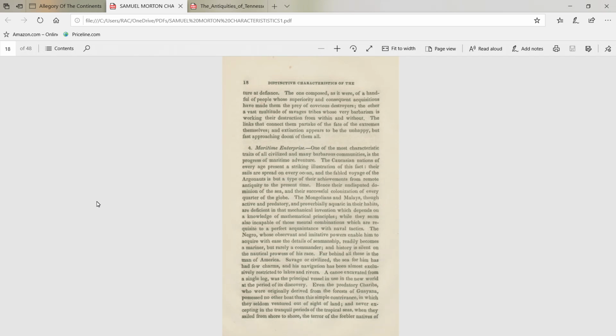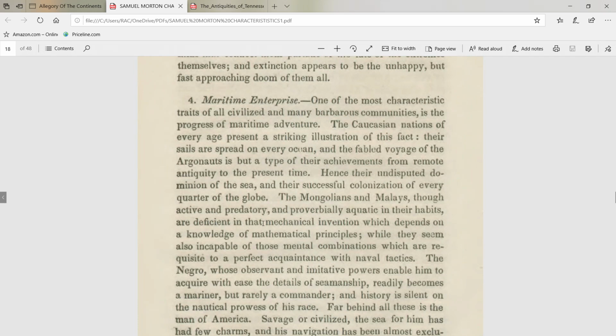the Aboriginal Race. And it talks about basically how good the American Aboriginal was at sea. It goes through and talks about how good the Caucasian was, how good the Mongolian was right here. Then it says the Negro, whose observant and imitative powers enable him to acquire with ease the details of seamanship, readily becomes a mariner but rarely a commander, and history is silent on the nautical prowess of his race.